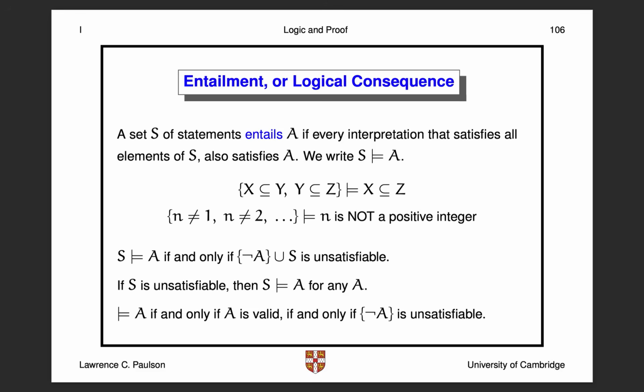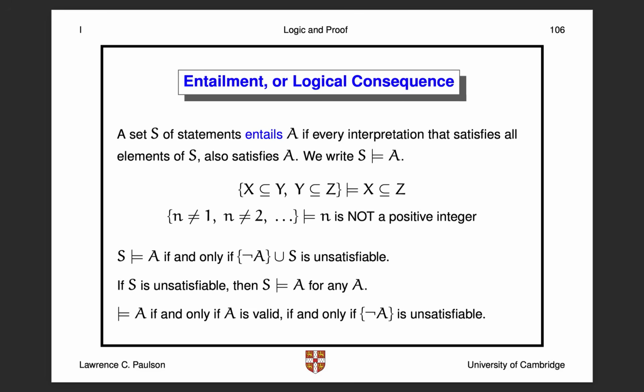It is something slightly different because we're talking about interpretations. Nevertheless, and this comes from our previous two examples from the previous slide, if X is a subset of Y and Y is a subset of Z, all interpretations that satisfy both of those things also satisfy X is a subset of Z. So that entailment holds.